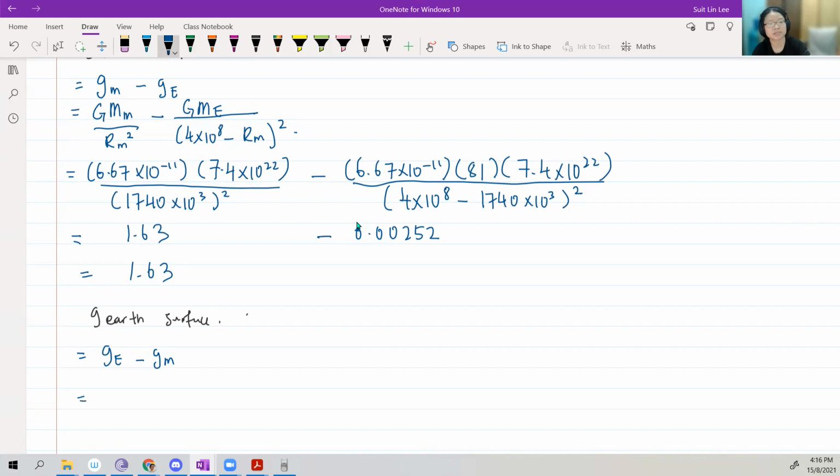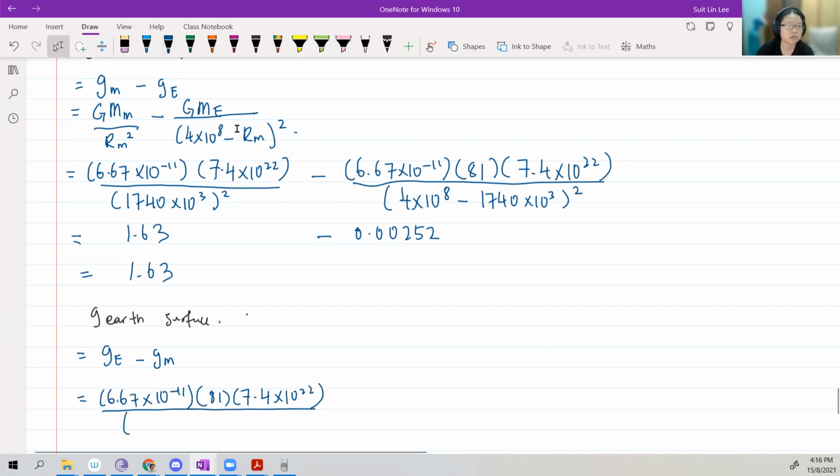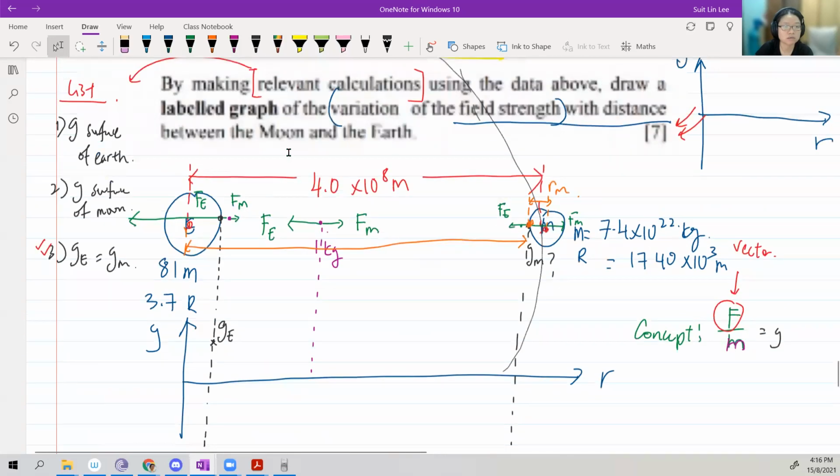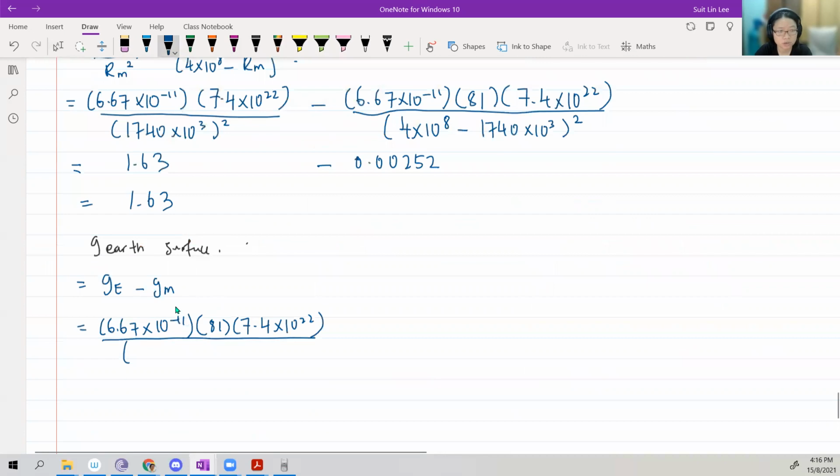So in this case, if I take g_E minus g_M, this one I copy the substitution, right? Will be G times 81 times the mass of the Moon divided by the radius of the Earth squared. So the radius of the Earth, if we trace back here, 3.7 R, okay. 3.7 times 1740 times 10 to the power of 3, squared.